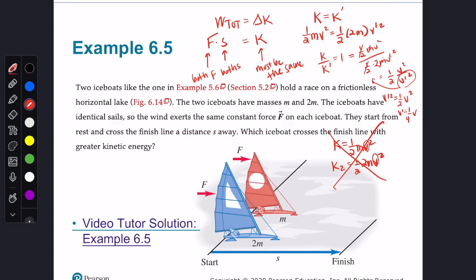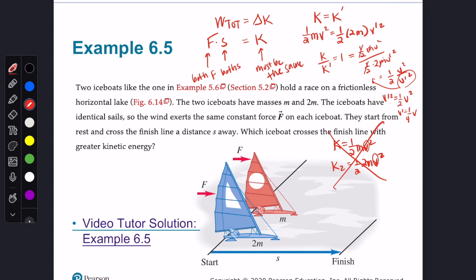So the second boat, the heavier boat, is going to reach the finish line with 1/4 the speed of the first boat, okay? Their kinetic energies will be the same. The forces exerted on them are the same according to the problem. They travel the same distance, but the speed at the finish line will be slower for the heavier boat.